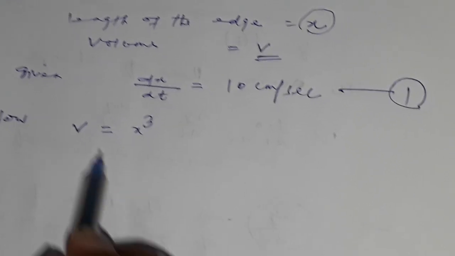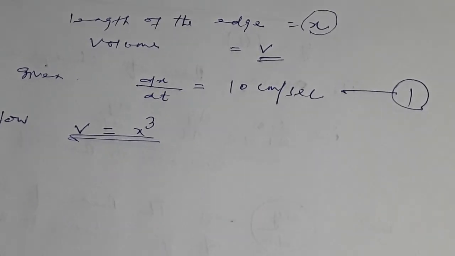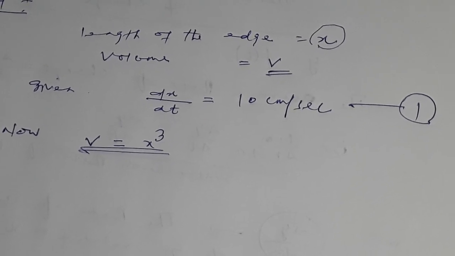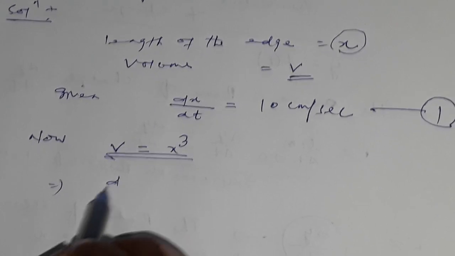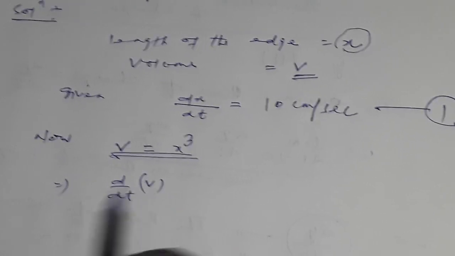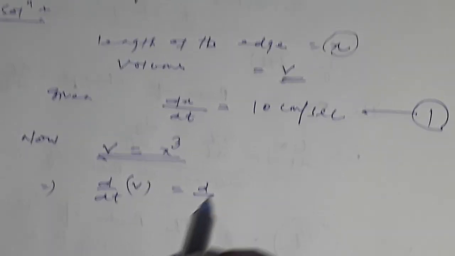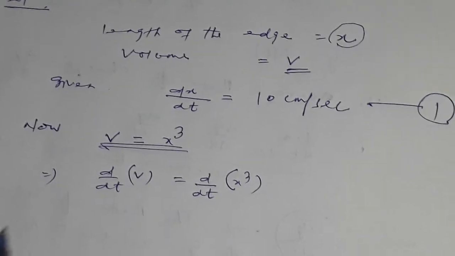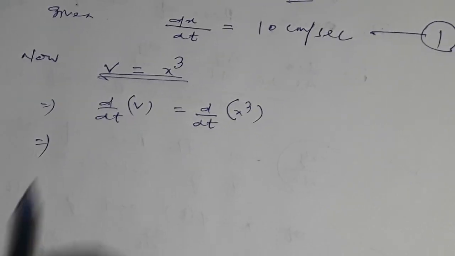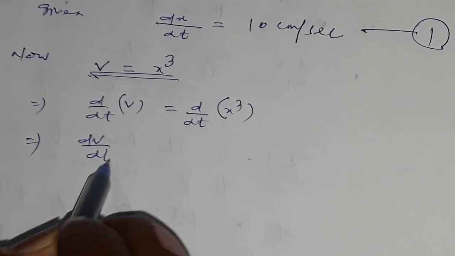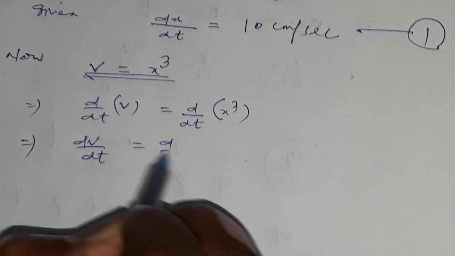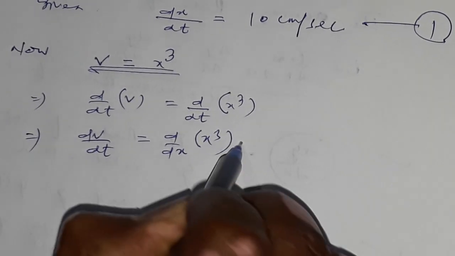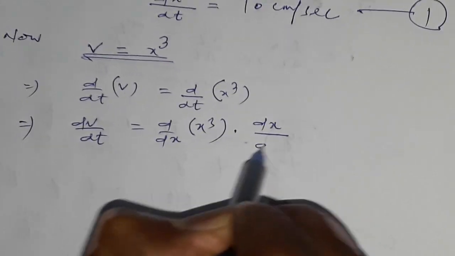Then differentiate both sides with respect to time t. This implies d by dt of v equals d by dt of x cube. This implies dv by dt equals d by dx of x cube into dx by dt.